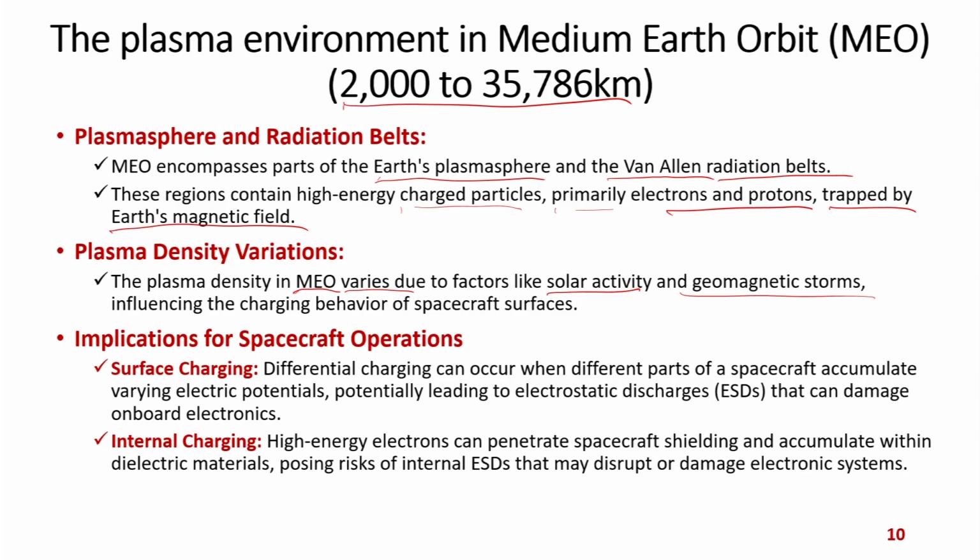Differential charging can occur here, which we have seen may not occur in LEO, but here it may happen, and differential charging means there is the risk of electrostatic discharge. Then, as I said, since there are high energy particles in the radiation belts, internal charging can happen.